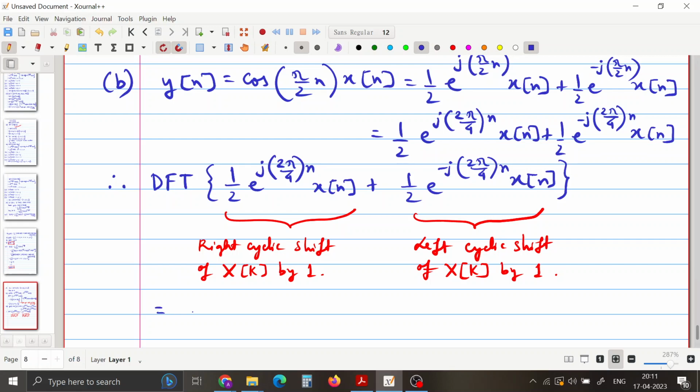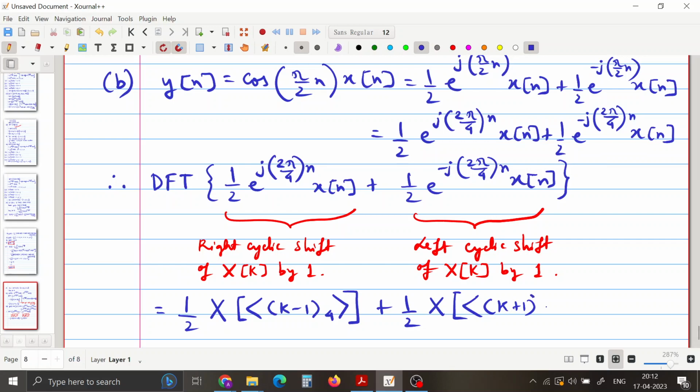So this scaling factor of half just comes out as a constant in both the cases, and for the first term we have right shift, so right shift means k minus 1, and similarly for the second term we have left shift, so it is k plus 1.